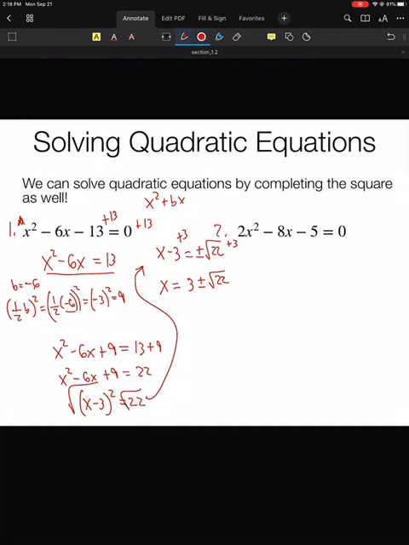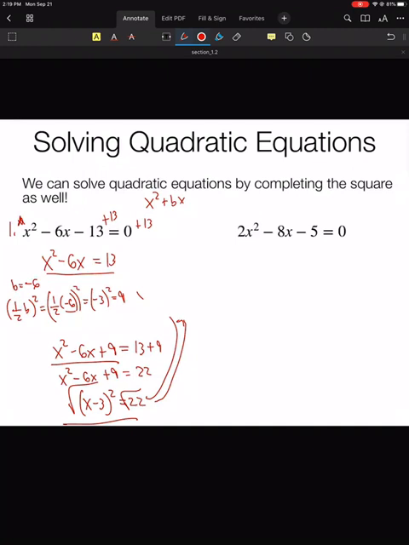Well, there's 1 and 22, no, and 2 and 11, and neither of those are perfect squares. So 3 plus or minus the square root of 22 is our answer. Okay, so we completed the square here and then used the square root method to get our final answer. So let's quickly do a second one over here.